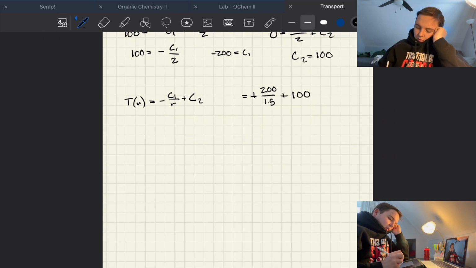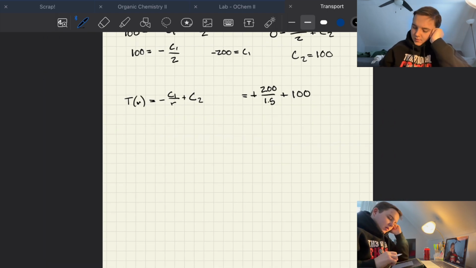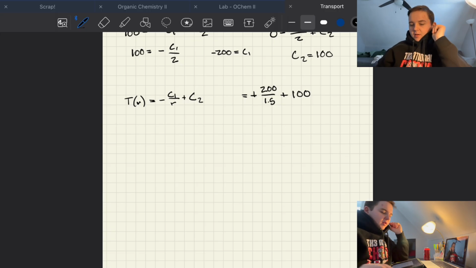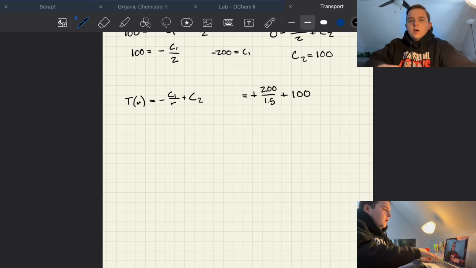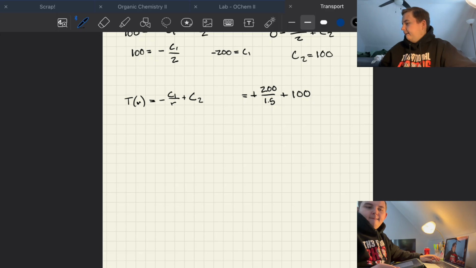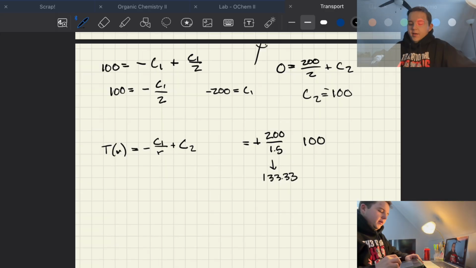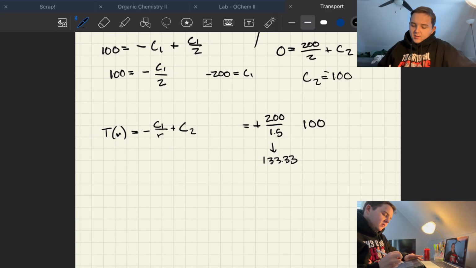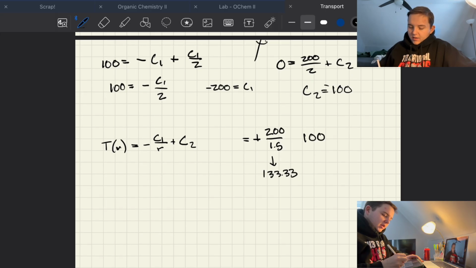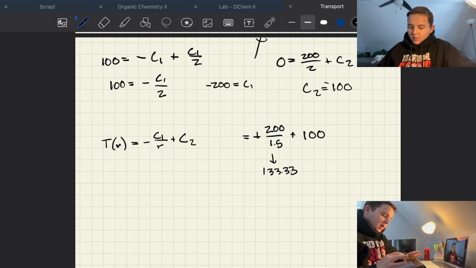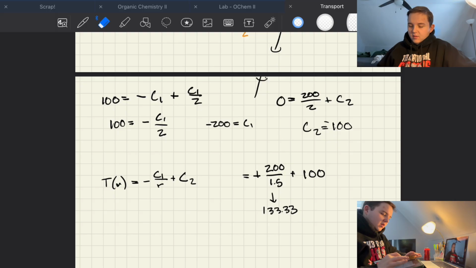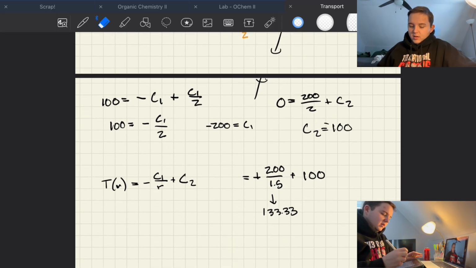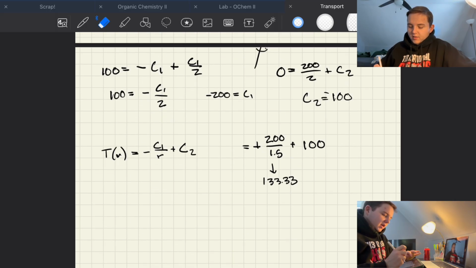Okay, so I don't have a calculator. I don't think there's a calculator app either. I'll just do the math and be back. Okay, I'm back. This quantity is equal to 133.3 repeating. And then I originally had a plus 100 here, but then I went back because I knew the value had to be in between 0 and 100, so I knew this was incorrect, so I checked.